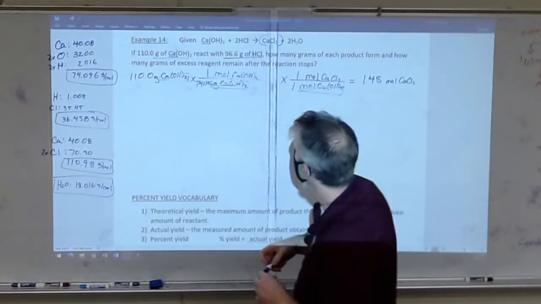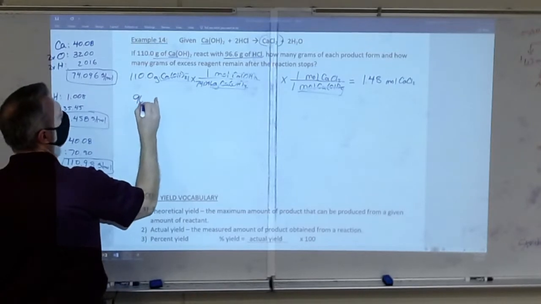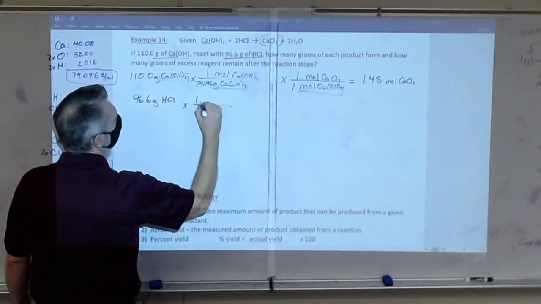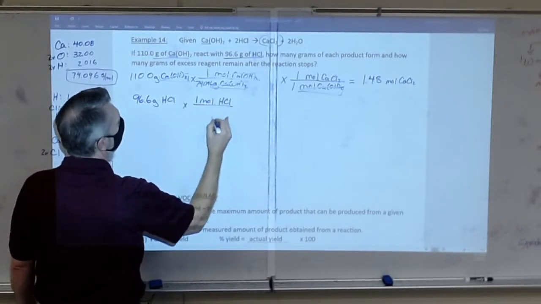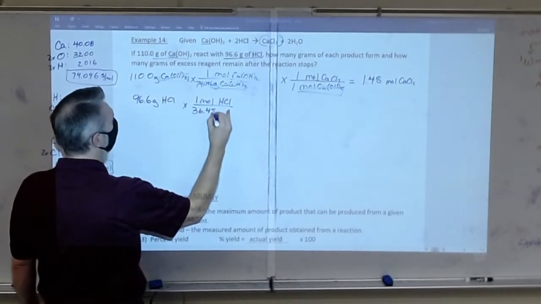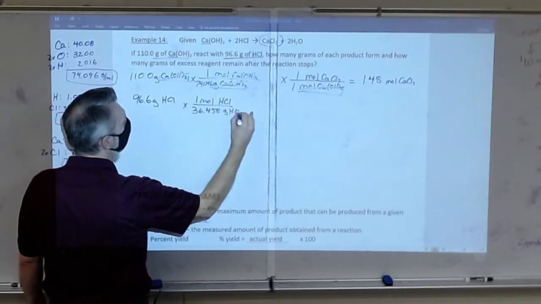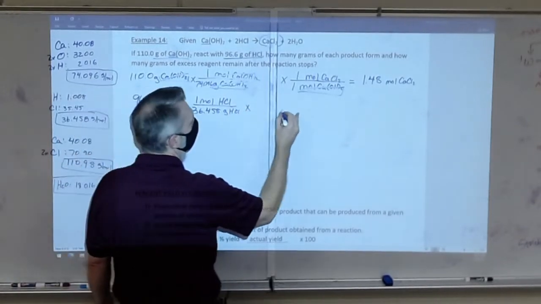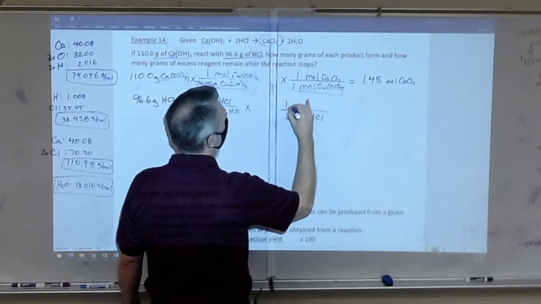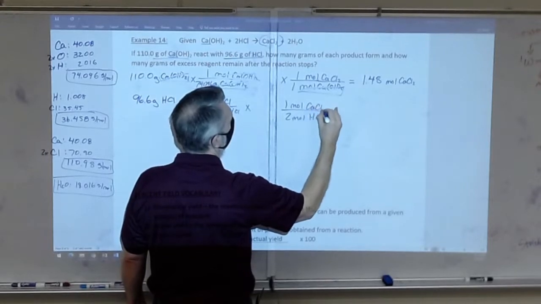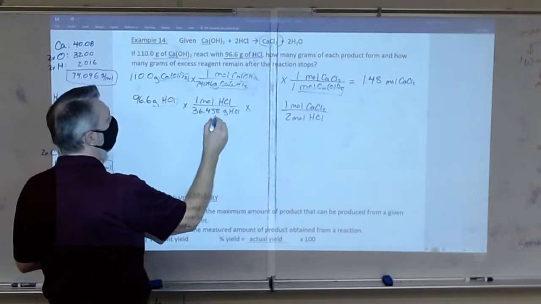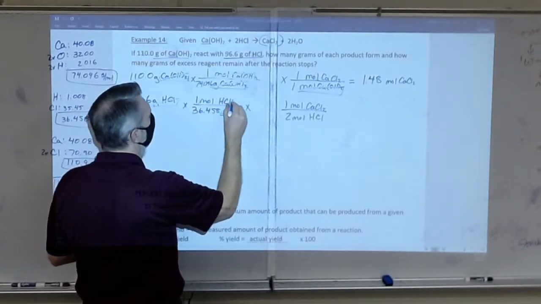Now I want to do the other one: 96.6 grams of HCl, 1 mole of HCl, and the molar mass of HCl is 36.458 grams of HCl. And 2 moles of HCl to 1 mole of calcium chloride. Cancel that out. Cancel that out.